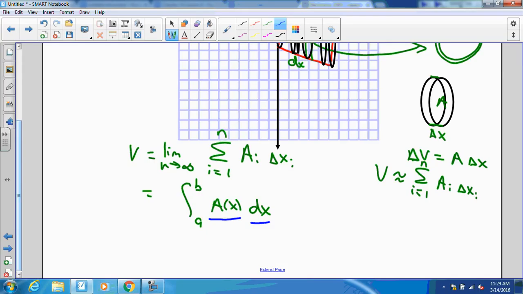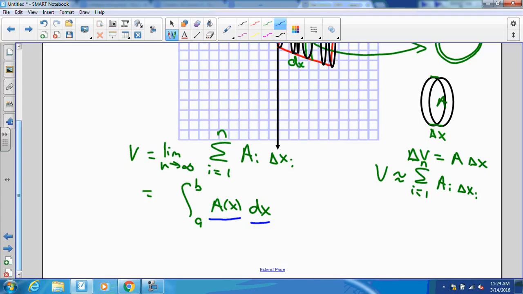And if I do area times thickness for each point x, then I get the entire volume. In other words, it's generalizing our formula for the prism. For the prism, we simply took the area of the base and multiplied it by the height. Now we're taking a variable area of the base and we are integrating that through the entire solid. Does that make sense? Okay. Let's see how it works.